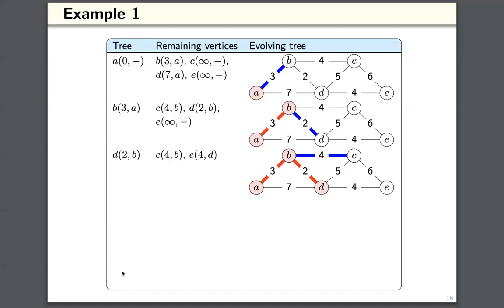Very good. Yes. So what you're saying is, once we pulled in D, C is reachable via B from B at a distance of 4, and E is also reachable from this tree via D at a distance of 4. Why don't we pull in both?